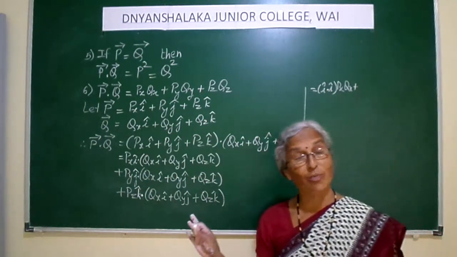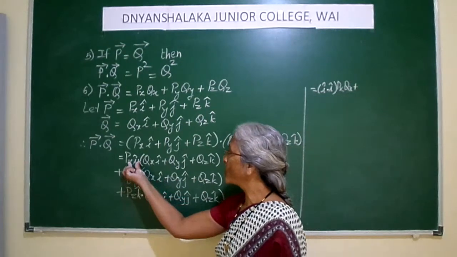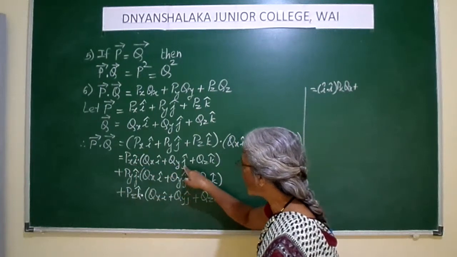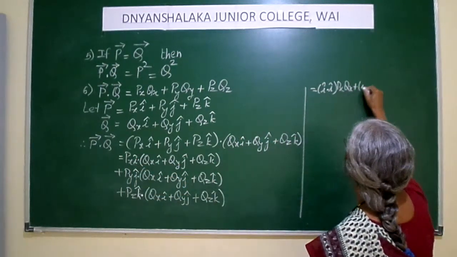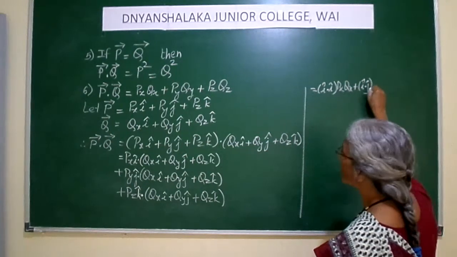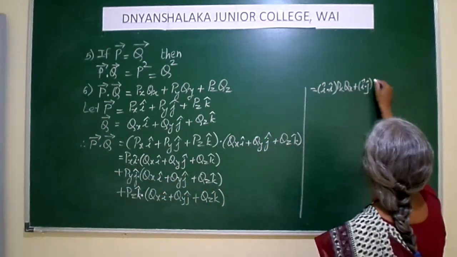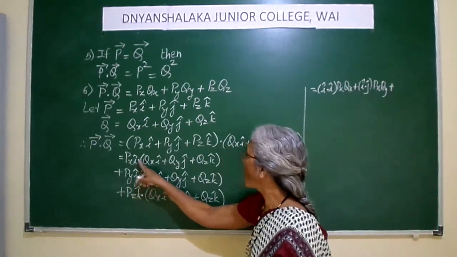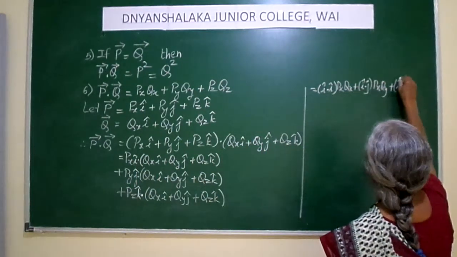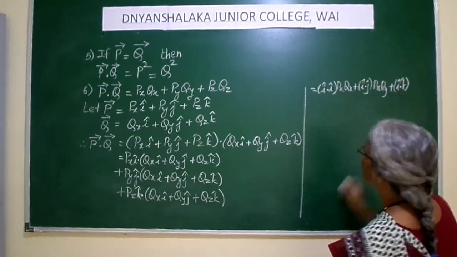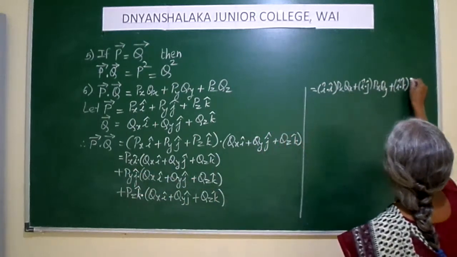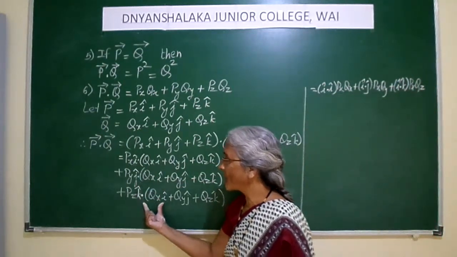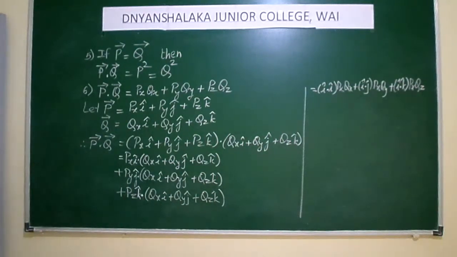Dot product is distributive, so we are going to distribute this dot product, or scalar product, over this addition. Now vector i dot vector j, second term, vector i dot vector j into what will remain? pxqy. Plus, what next? Vector i dot vector k, vector i dot vector k into what term will remain? pxqz. Are you getting it? Similarly multiply this and come on, get the remaining products fast.